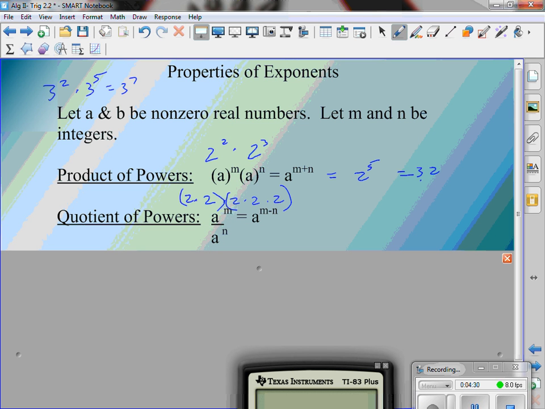The quotient of powers rule. If I have a to the m divided by a to the n, it's a to the m minus n.